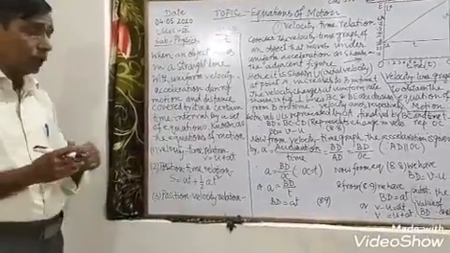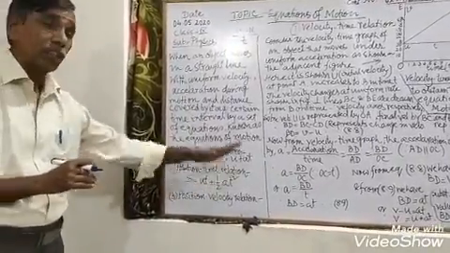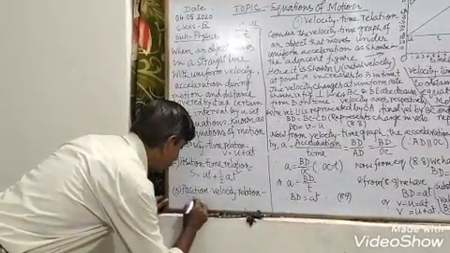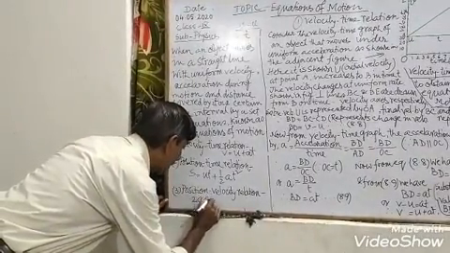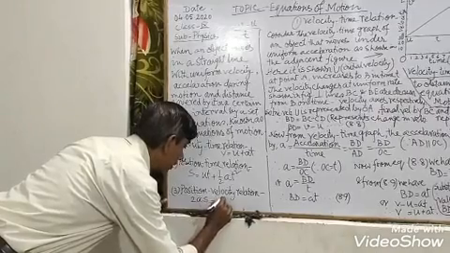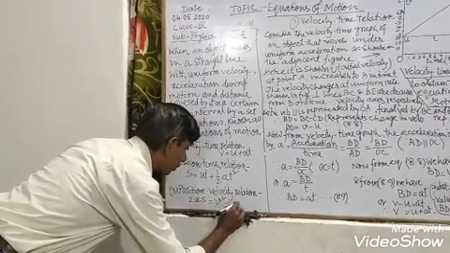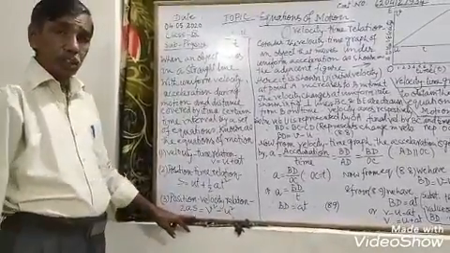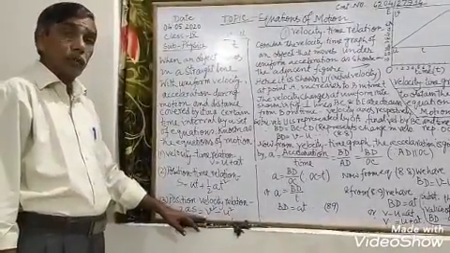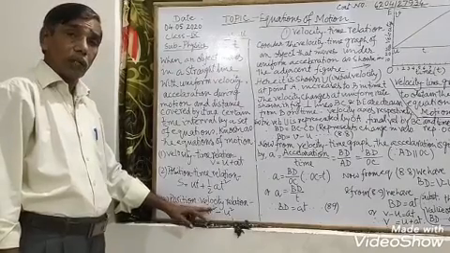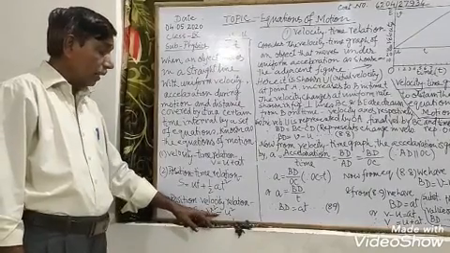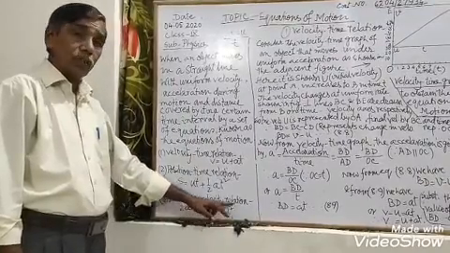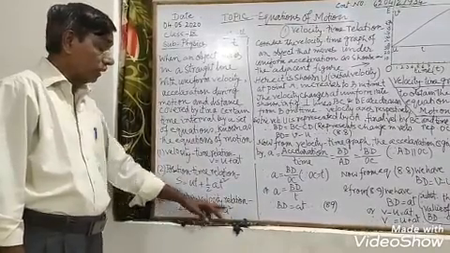And the third equation is the position velocity relation. It is 2as is equal to v square minus u square. That is, twice into acceleration into distance is equal to the square of the final velocity minus the square of the initial velocity, v square minus u square.